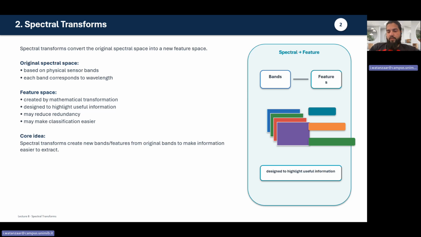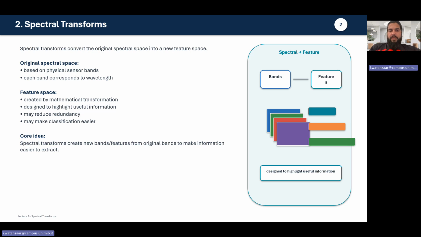We already know the bands have been taken in multiple wavelengths. The spectral response which we observed using the sensor is in the original spectral space, the physical sensor bands, corresponding to multiple wavelengths.